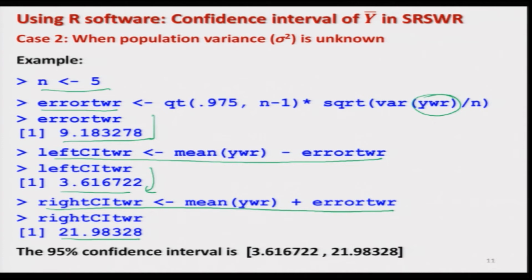So I can see here that the 95% confidence interval when sigma square is unknown to us comes out to be close to 3.61 to 21.98. Right, so this is my confidence interval in this case.